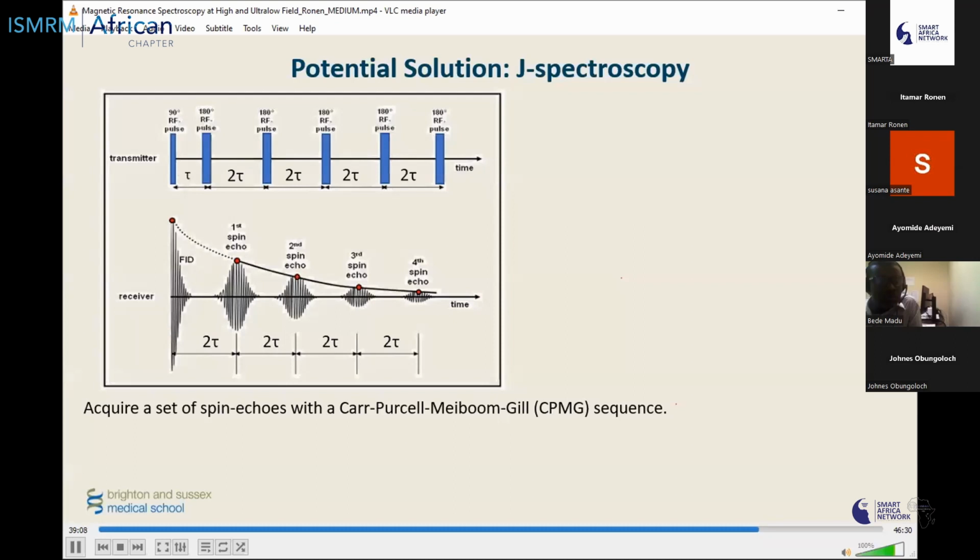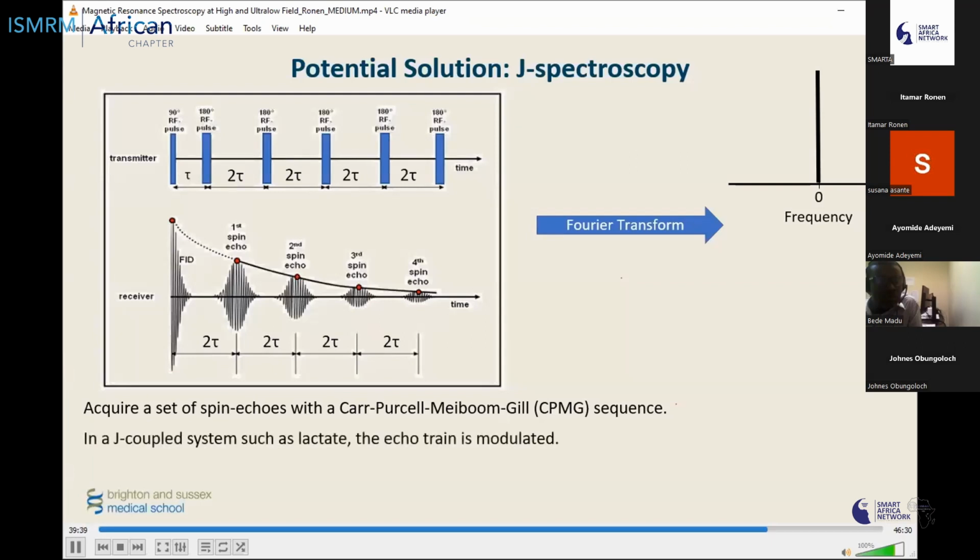The signal along this echo train decays according to the relaxation constant that we call T2. And if we take each summit of each echo and concatenate them into a time series, and we do a Fourier transform of this time series, we will get a signal that has no oscillations and will give us essentially information about the T2 decay of the resonance at this frequency.